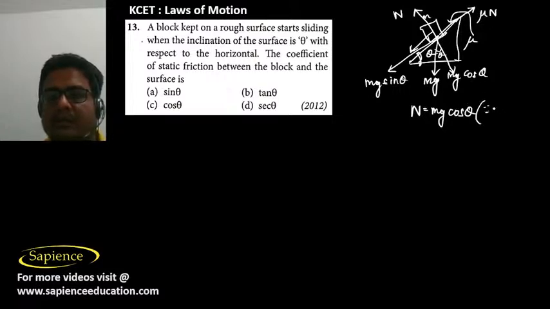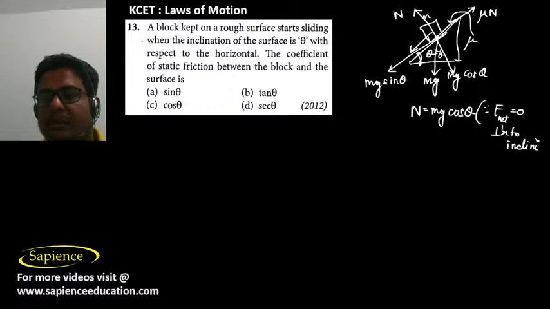Since F net is equal to 0 perpendicular to the incline, the net force should be 0. And then the opposing force, which is the frictional force mu N, will be equal to the applied force, which is mg sin theta.